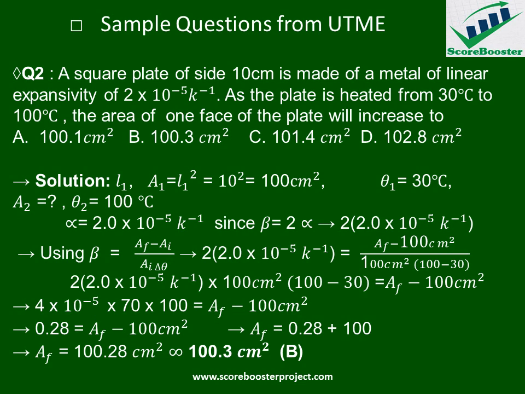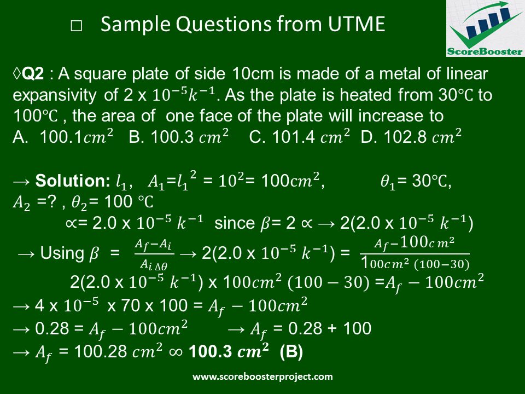The next question we shall be considering comes from a year that is not specifically quoted here. The question goes thus: we have a square plate of size 10 centimeters made of a metal of linear expansivity of 2 times 10 raised to the power minus 5 per Kelvin.